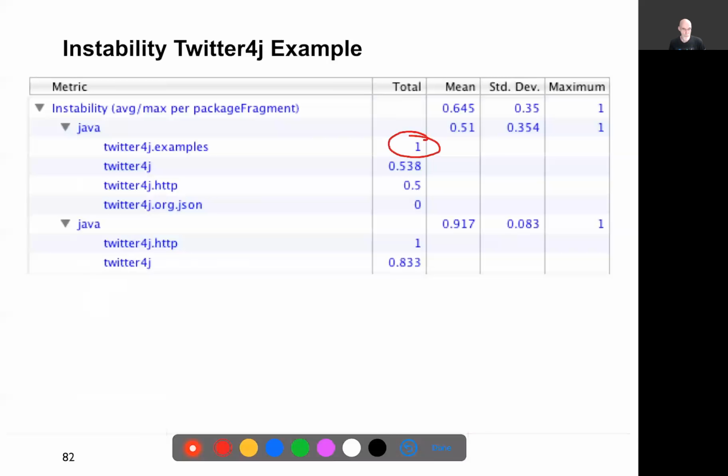The JSON one is 0, and that makes sense too because it's just a package to deal with converting objects to JSON and taking JSON and getting objects back out, right? So that's a fairly low level thing. And right, so it's not going to depend upon anything else. It's basically the lowest level. So it's a 0.